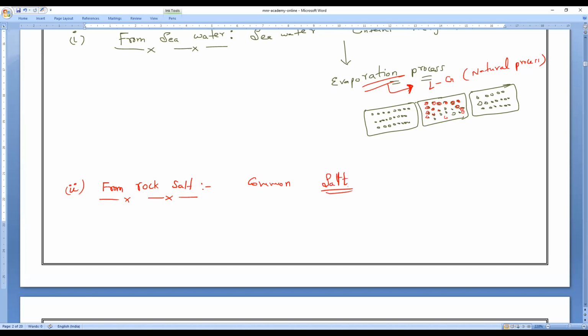So let us see, sir, how does this form? Remember, in several parts of the world, millions of years ago the ocean or sea dried up in that particular region. We cannot predict how many millions of years. Like we used to study in history Mohenjo-daro, the Indus culture, they had the Indus River, but now the Indus River is not present.